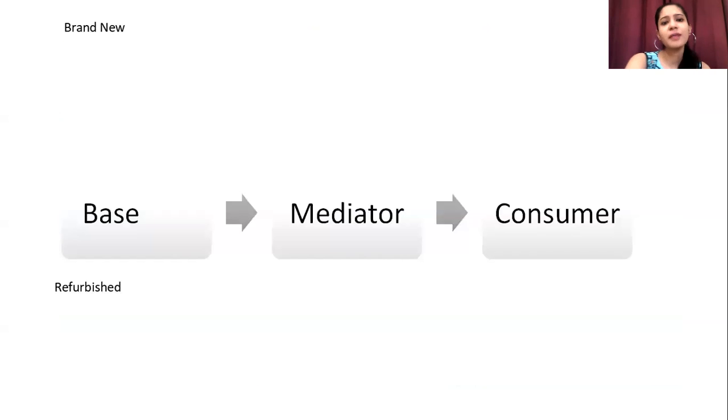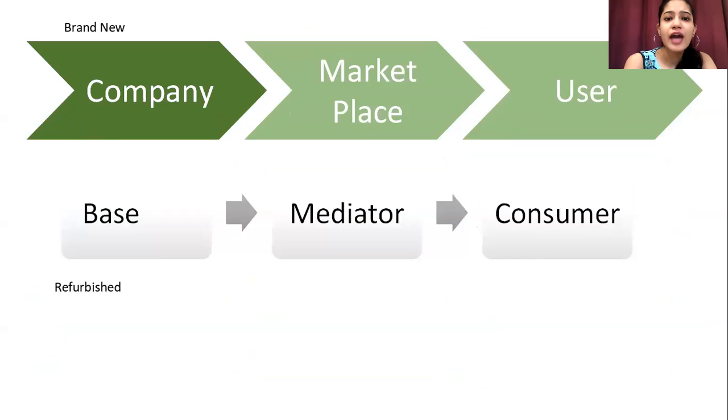Now let us talk about the pathway and how they are related, because we said that they are quite similar. We can see that brand new's extension is refurbished. How? There are usually three parts to the pathway followed by any gadget. One is the base, which is where the gadget originates from.